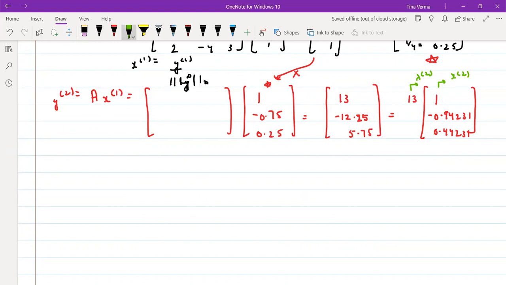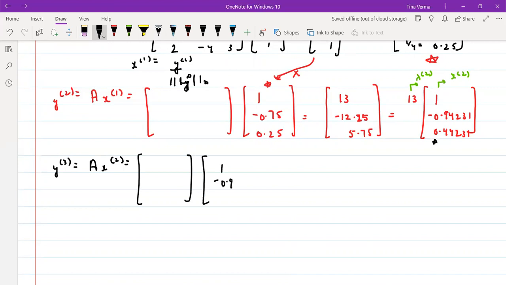The same way, you perform the third iteration. You multiply your matrix A with your vector x2, which is [1, -0.94231, 0.44231].